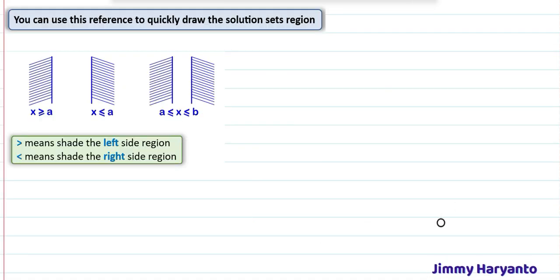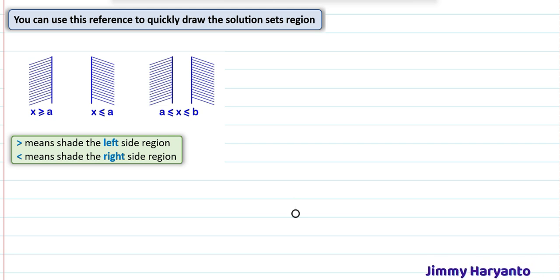Next are additional materials that I will give to you. This is the easiest way to draw. In the previous lessons, I told you that when you want to shade the region, you have to use the testing point. If you can memorize this, you don't have to use the testing point.